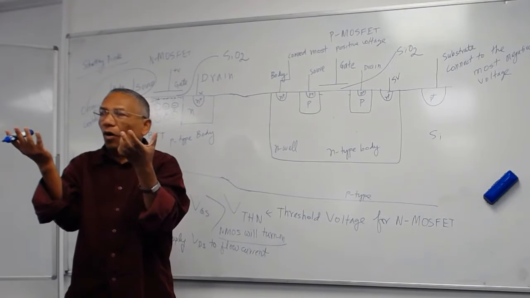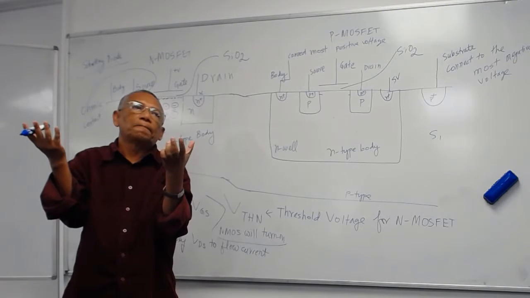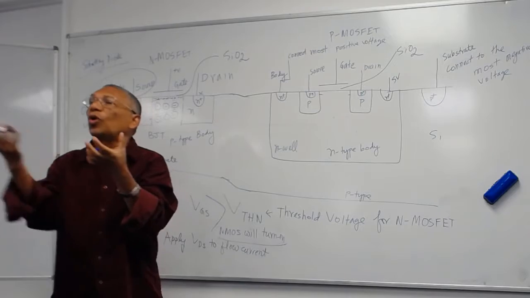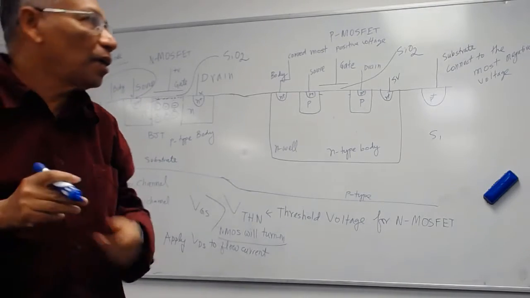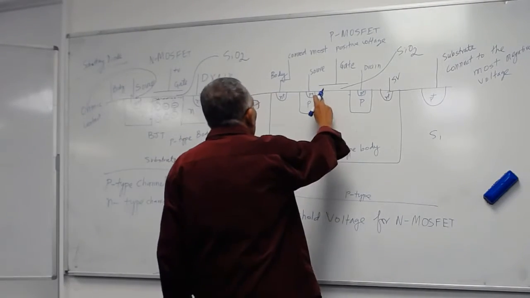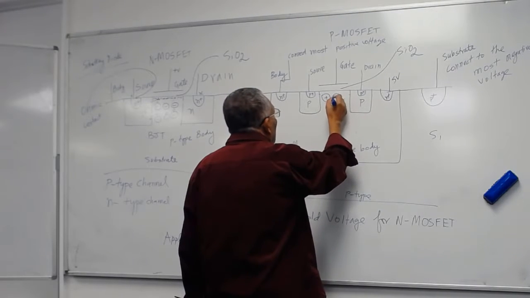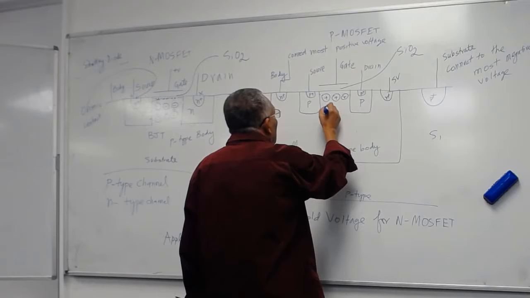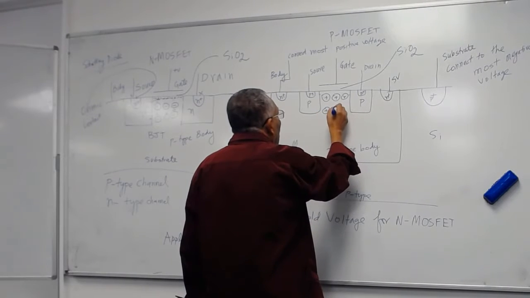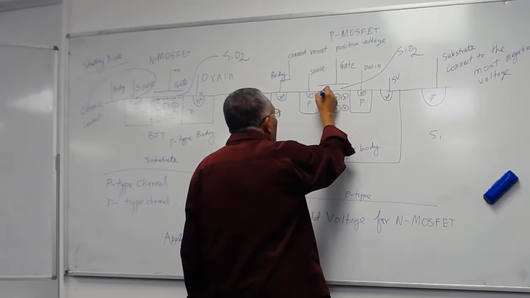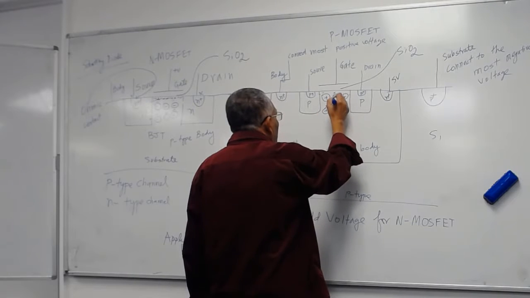Ions of what? Phosphorus. Yeah, a donor ion. So you will have ions here and electrons. You can again draw like this. You have ions, and corresponding to each of these ions, you have one electron.